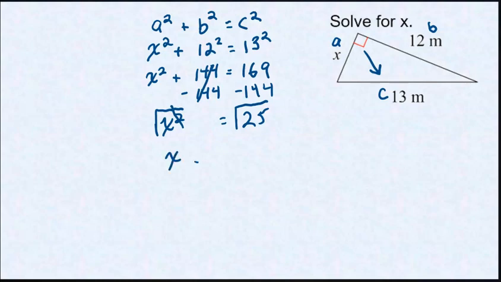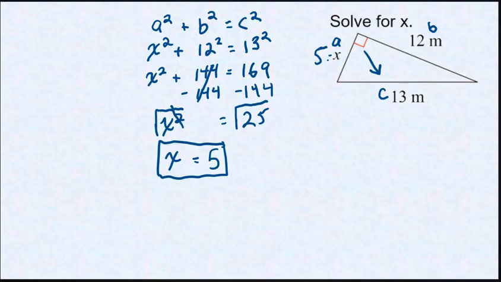So x equals 5. That means the length of this side is 5. 5, 12, 13 is also a Pythagorean triple. There are a handful of primary Pythagorean triples, but then you can infinitely dilate them to create more Pythagorean triples.